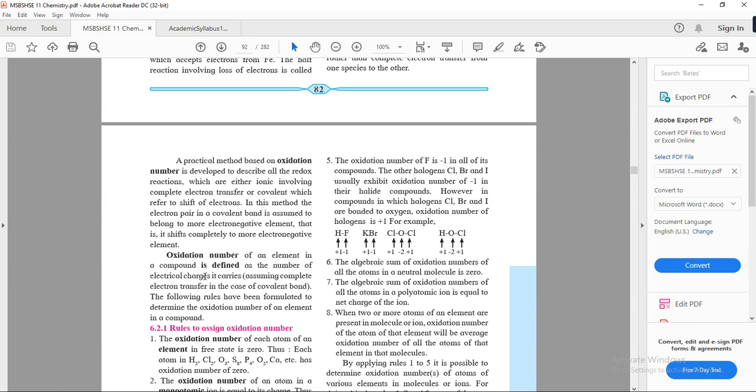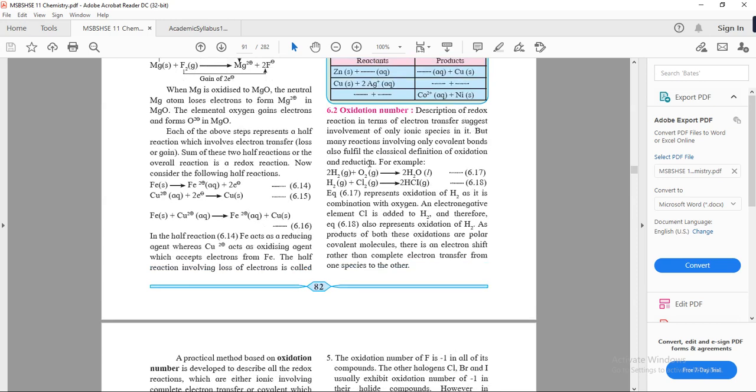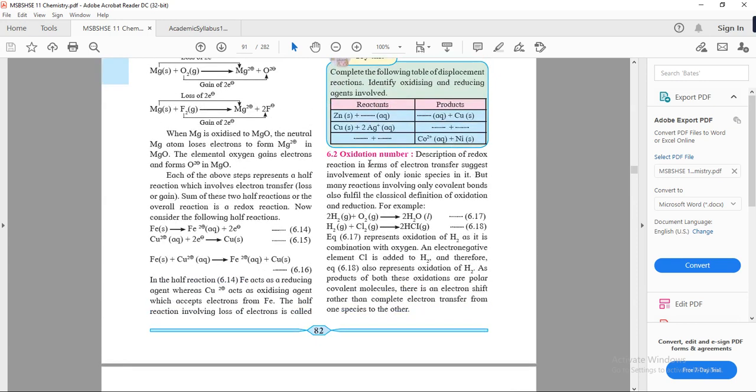In some reactions, there is a complete charge transfer, meaning cation and anion formation takes place, and negative and positive charges develop. But for some reactions there is a formation of a neutral molecule.